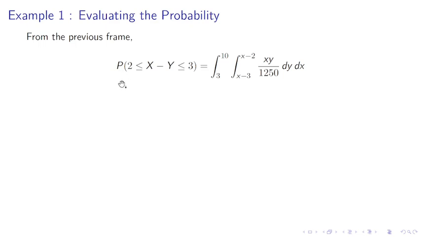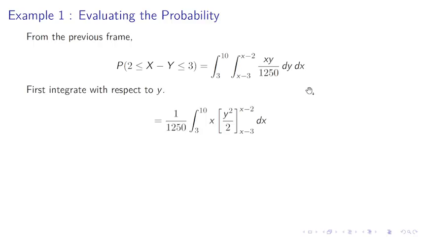From the previous frame, the probability of 2 ≤ x − y ≤ 3 is the integral from 0 to 10, integral from x − 3 to x − 2, of xy/1250 dy dx. First integrate with respect to y, keeping x constant. The 1/1250 comes out, x is constant here.